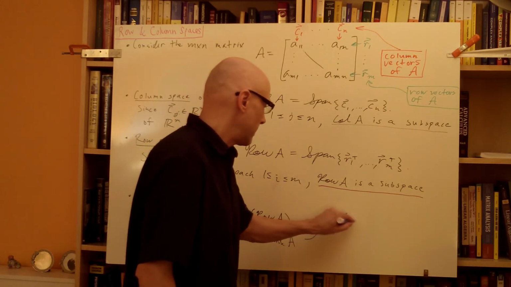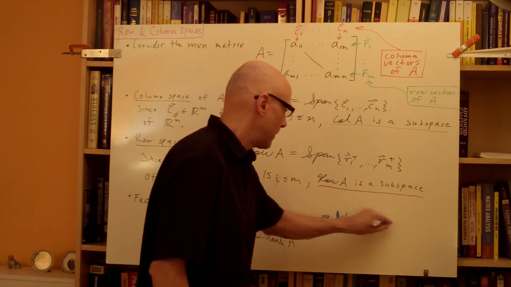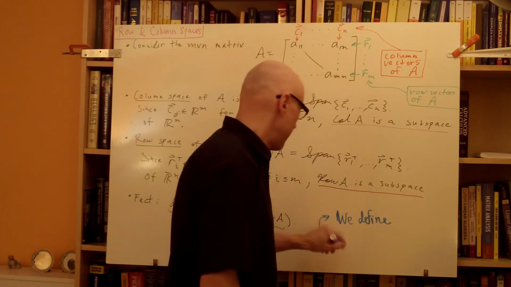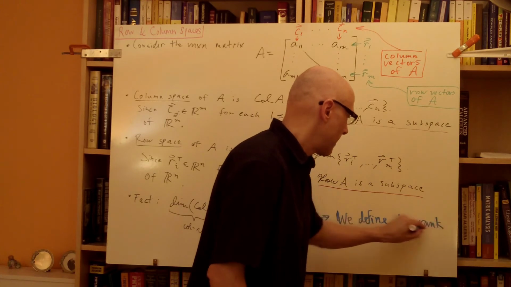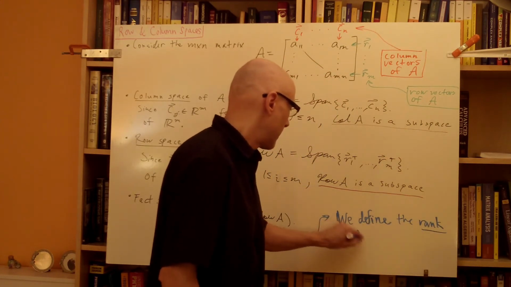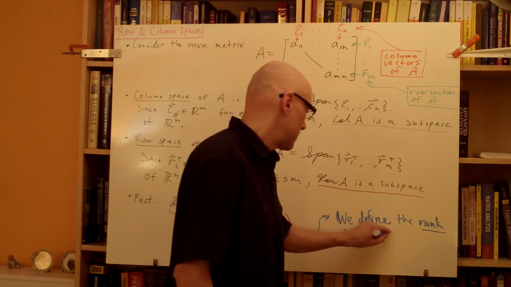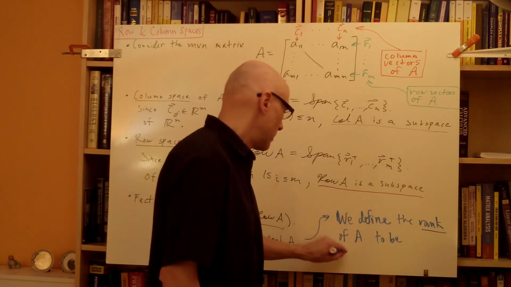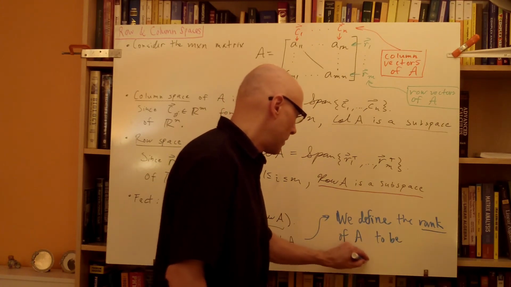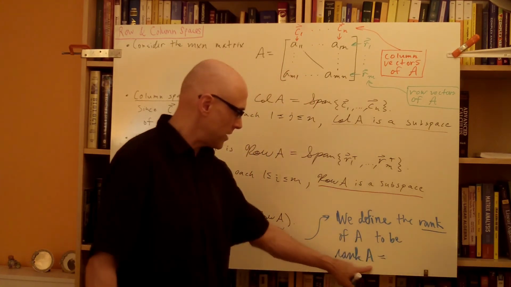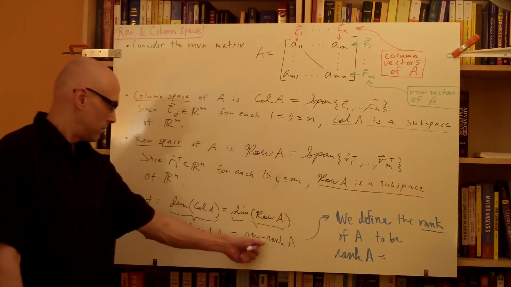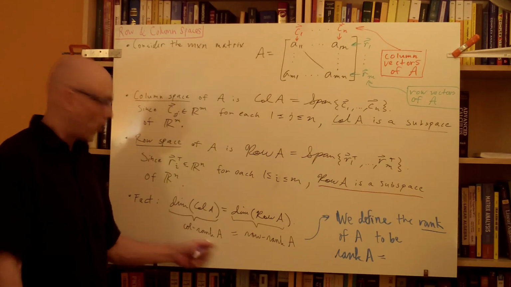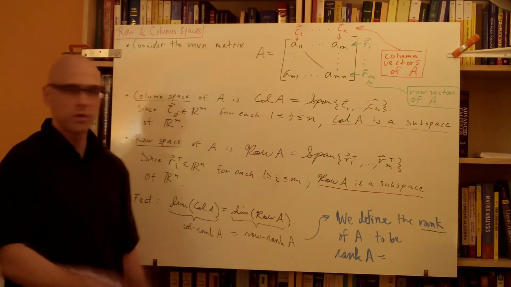So we define the rank of A to be, well, first of all, the notation we use is rank A, and it is equal to the column rank of A, or the row rank of A. Again, they're equal, so it doesn't matter.